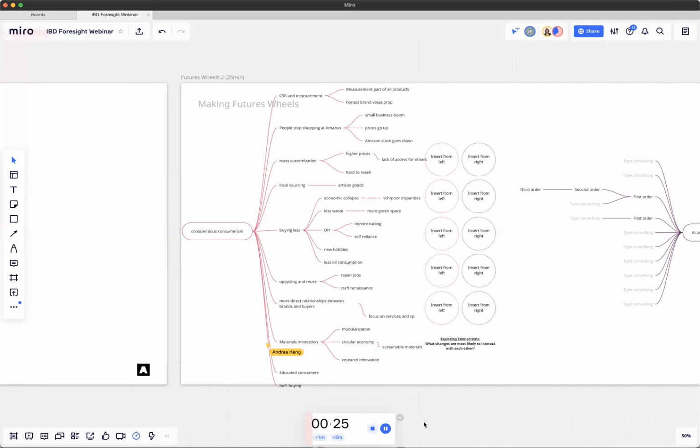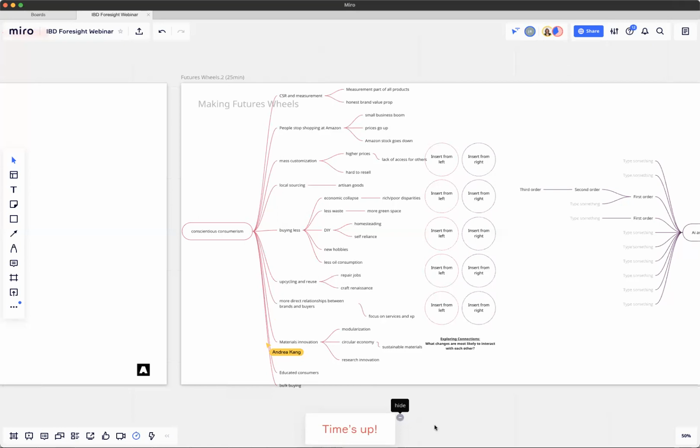More education for consumers. Awareness. People would need to be willing to make these shifts. That is true. It's not just going to happen overnight. Valid. Fulfillment through creativity and self-exploration. So maybe some more self-actualization through these processes.